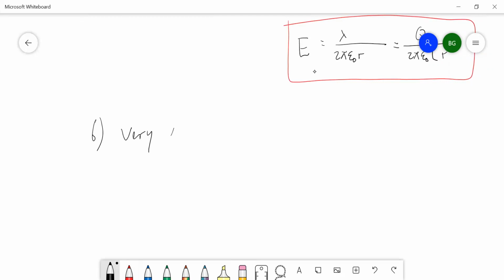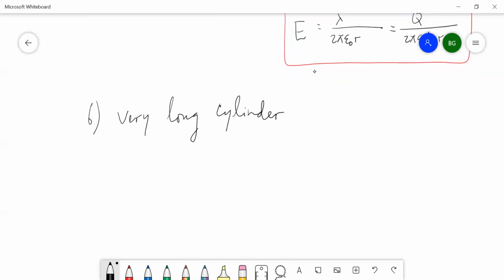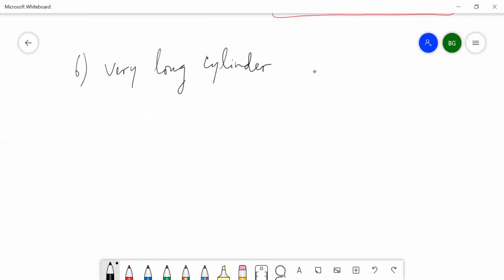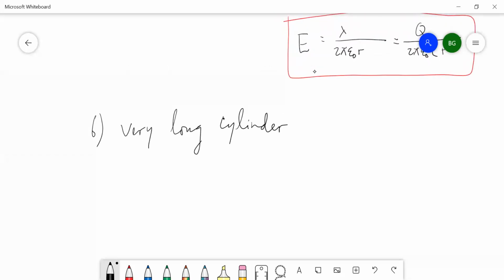Very long charged cylinder. Let's say, yeah, you can say, well, to save time, we're running out of time, a solid cylinder.